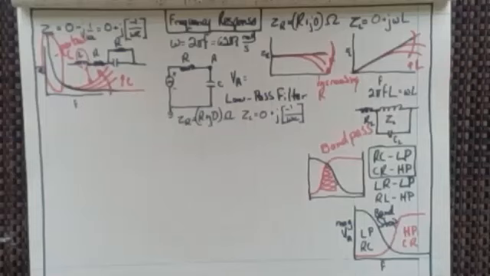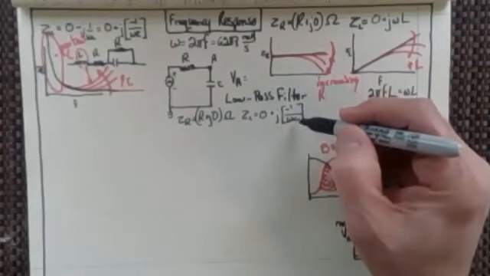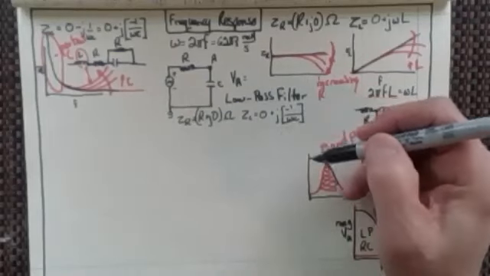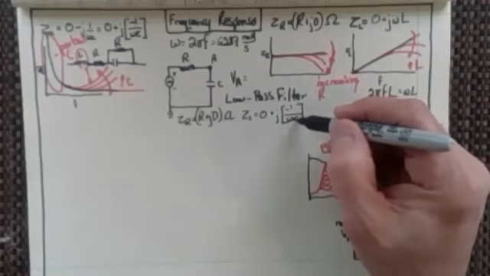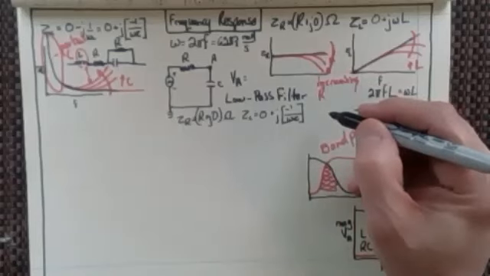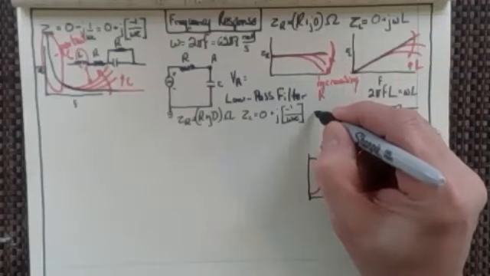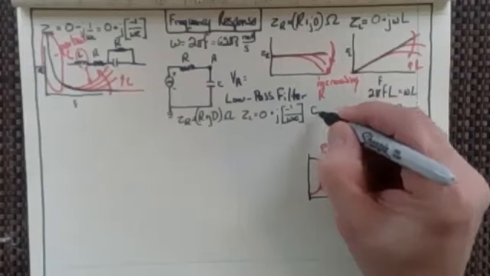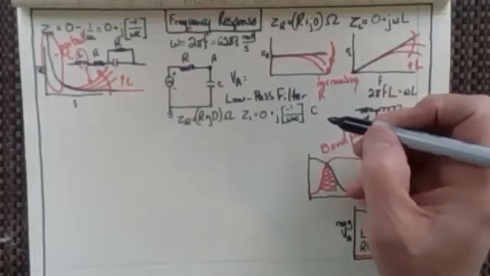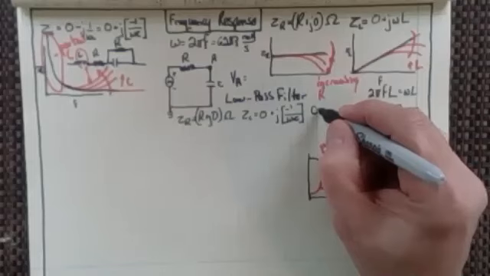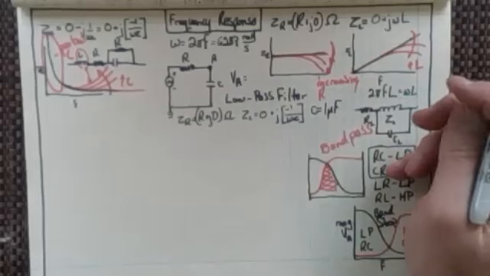So we can see that that's going to be about 1 divided by 6,283, and then why don't we make C, I'd like to use numbers. I was thinking I was going to do it just symbolically, but I think that you can see it better if we do use some numbers. So let's say that C is a 1 microfarad capacitor.